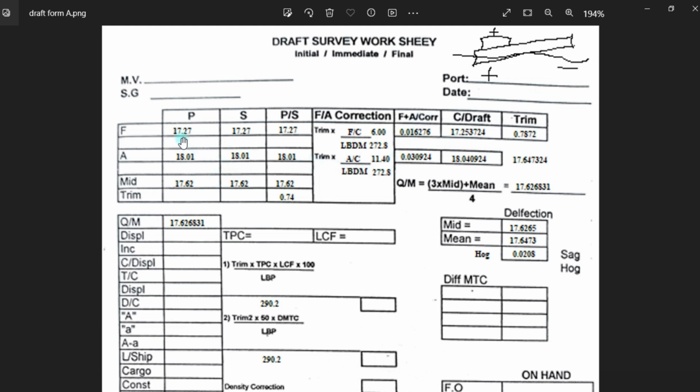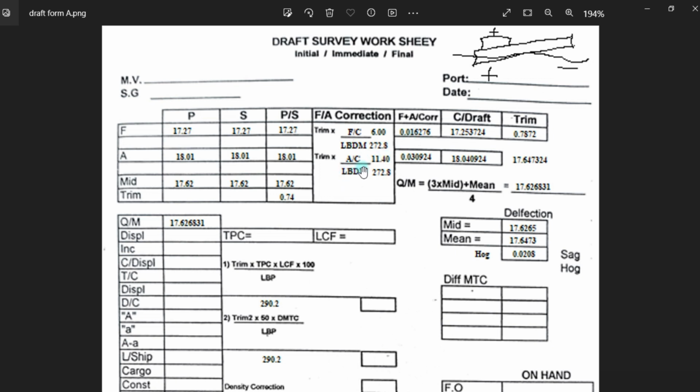So again, to get the trim correction forward, it is the trim multiplied by your forward correction of 6 meters divided by the length between drop marks, which is 272.8. The answer will be 0.016276.